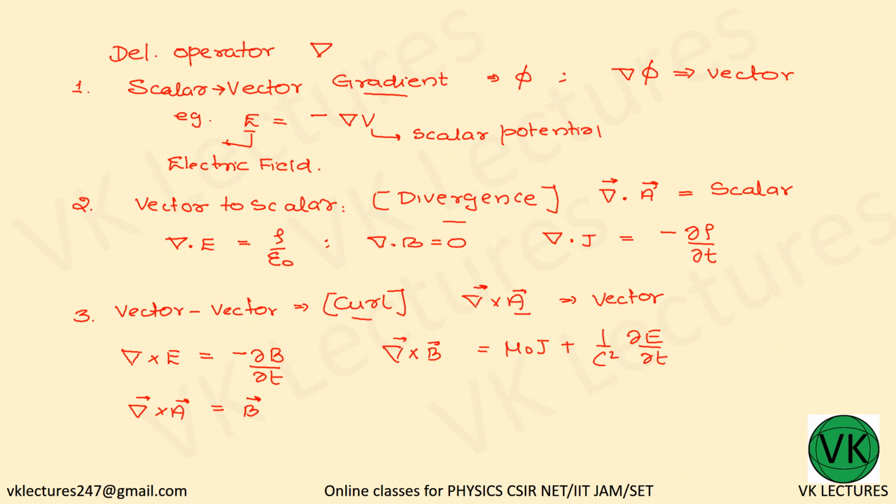Suppose there is any vector A whose curl is 0, that means if del cross A is equal to 0, then you can say A is irrotational. Okay.